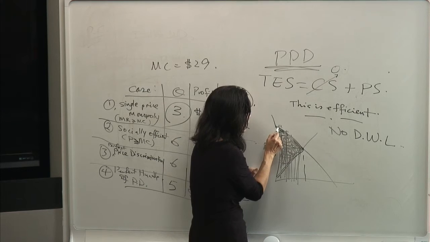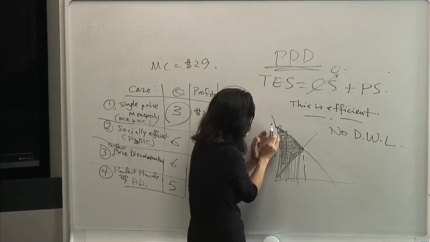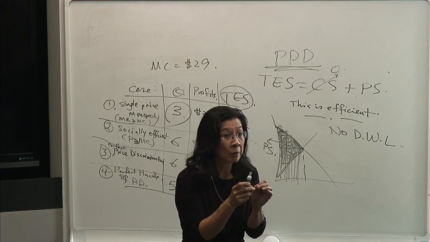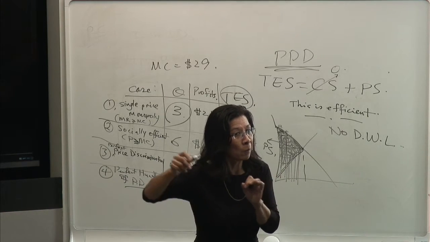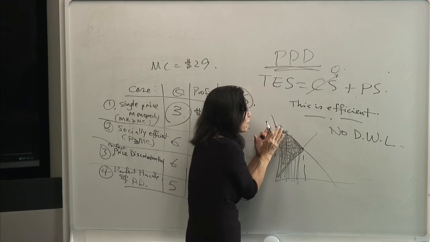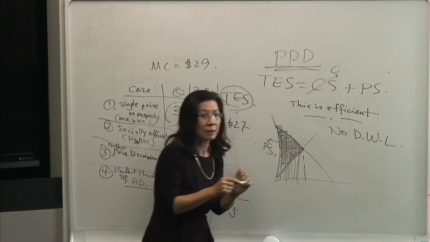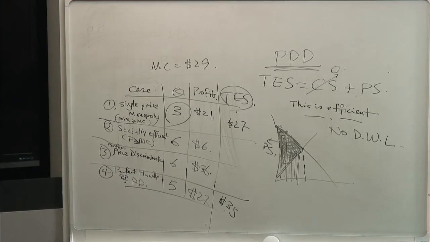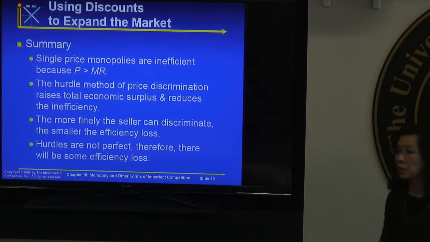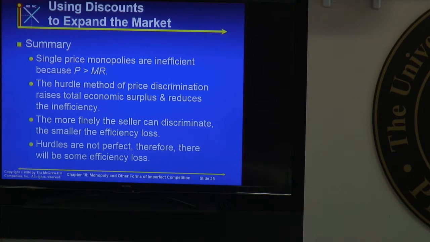But then if you get it to be so smooth, you could finally define it instead of $12, $12.01 or $12.001. So then you get it to be so refined, and it becomes a smooth line. And you got more out of it. The more finely the seller can discriminate, the smaller the efficiency loss. Herders are not perfect, therefore there will be some efficiency loss. We expect that.